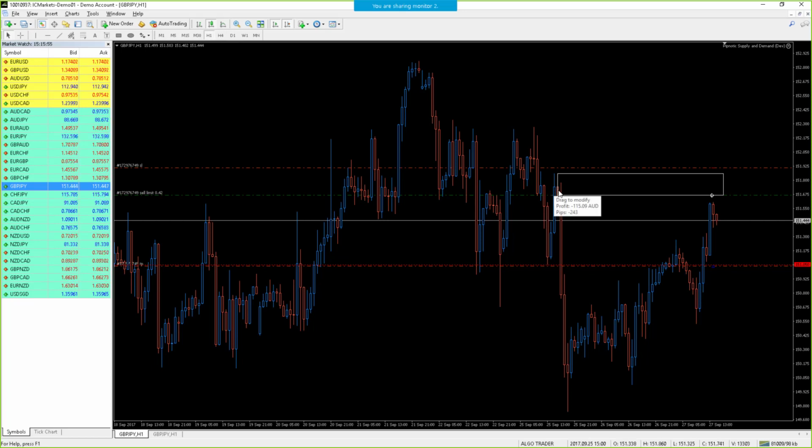So when price accumulated for 1 hour, as soon as that area of accumulation was finished, price left, and it took under an hour for price to get at least 3 times the size of this area of supply, which is great. This is a really nice departure for me. I like this very much.